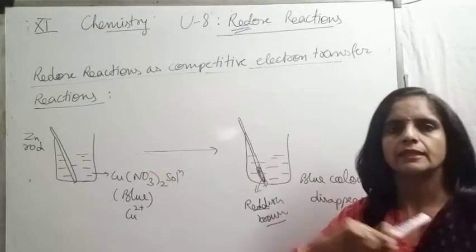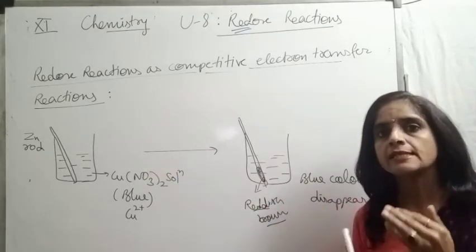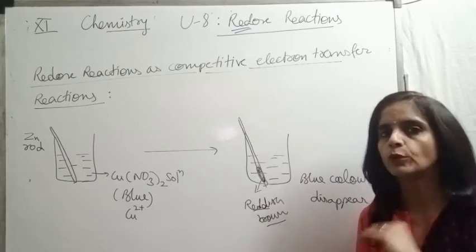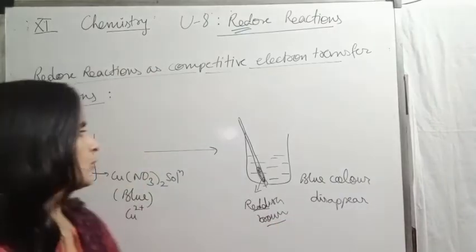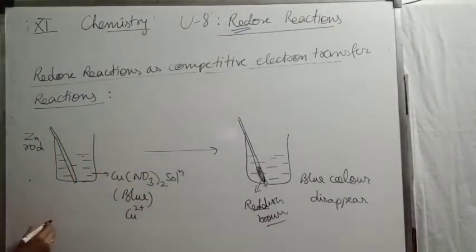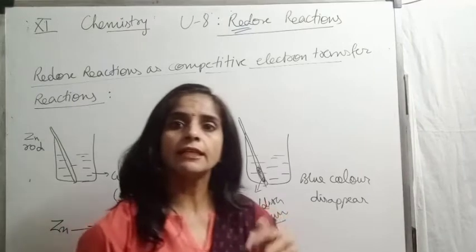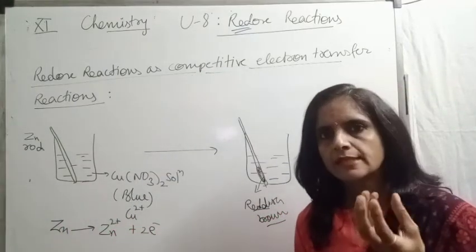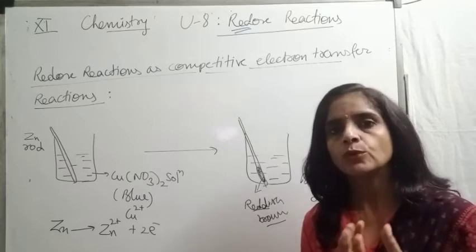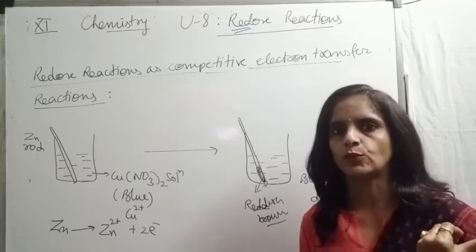So what happens here? As zinc is more reactive than copper, the zinc rod will lose electrons. By loss of electrons, zinc gets ionized and converted into zinc ions. If one metal is losing electrons, definitely someone should be there receiving these electrons.